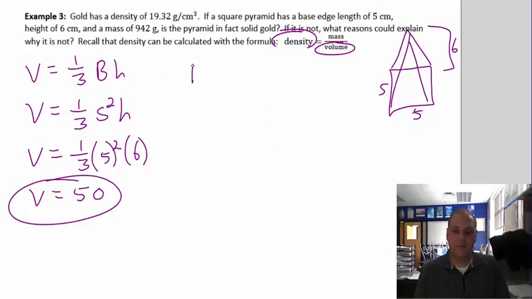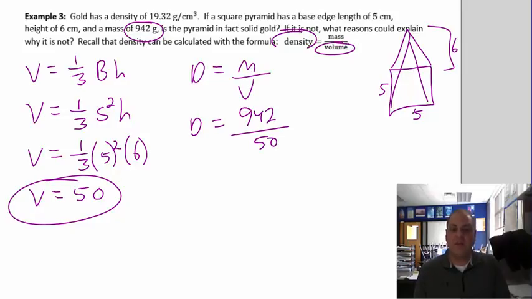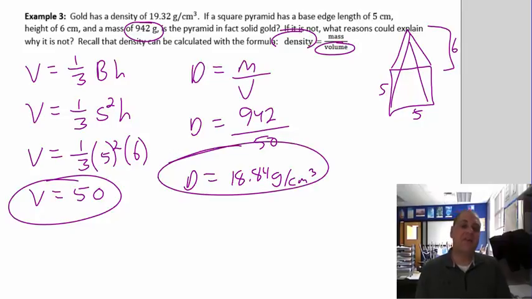Forgive me. Not reading this correctly. So the mass is 942. That's what we're given. The mass is 942. The volume is 50. The density is 18.84 grams per cubic centimeter. Okay? The density is 18.84 grams per cubic centimeter.